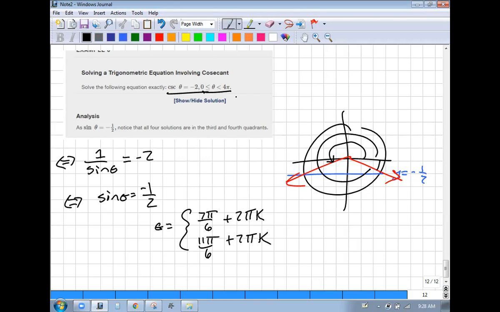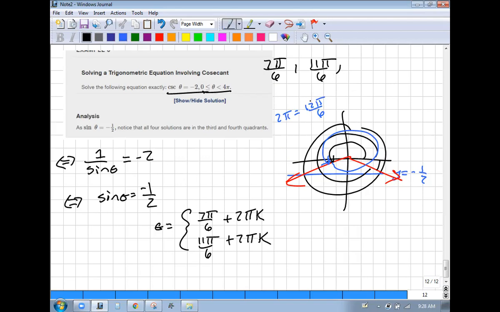They want the ones between 0 and 4 pi. Okay. I know I need 7 pi over 6, and I know I need my 11 pi over 6, right? So what are the other ones? Well, I just need to add 2 pi to each of those, right? Well, let's see, 2 pi is 12 pi over 6, right?